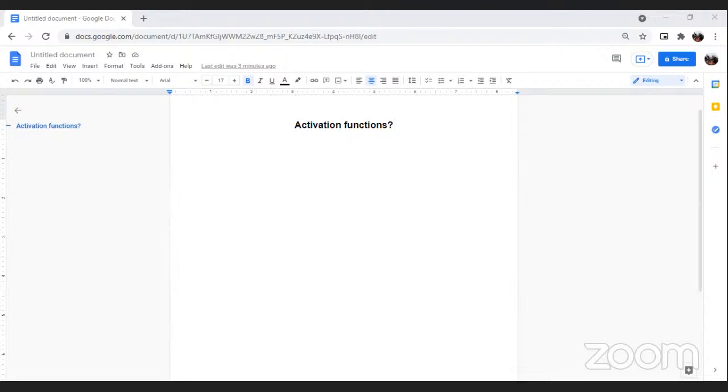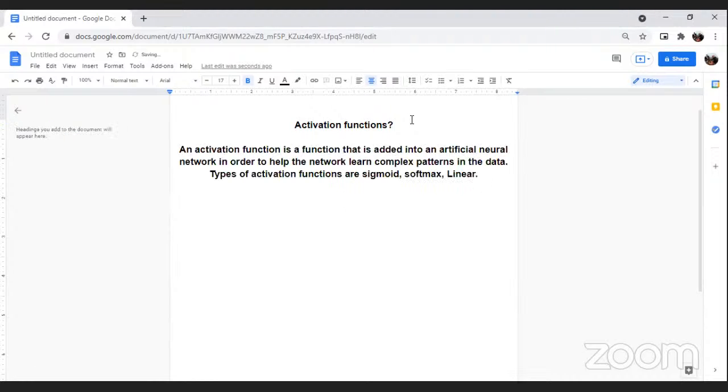Exactly. You're right, Nikshita. Yeah, Kritik. Yeah, these are a few other examples.